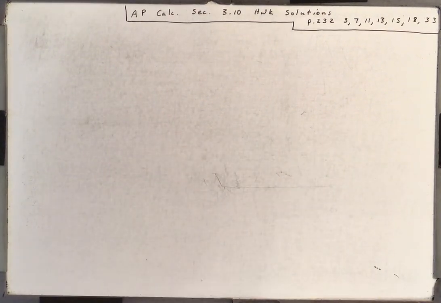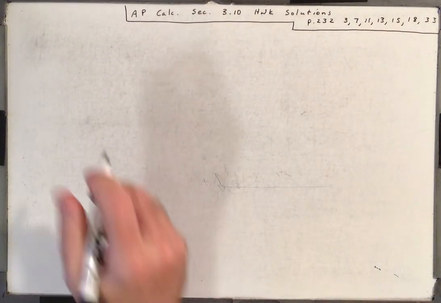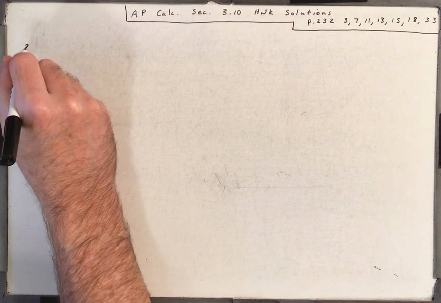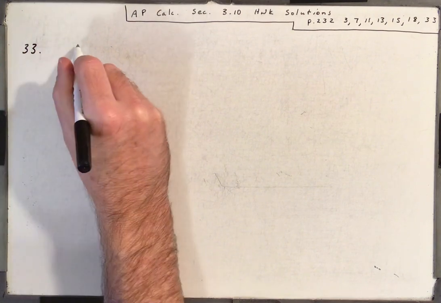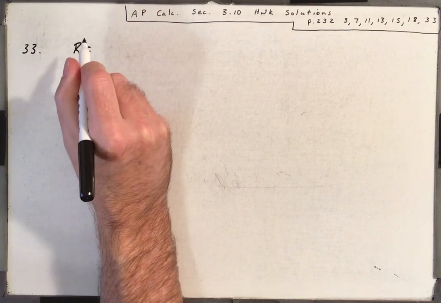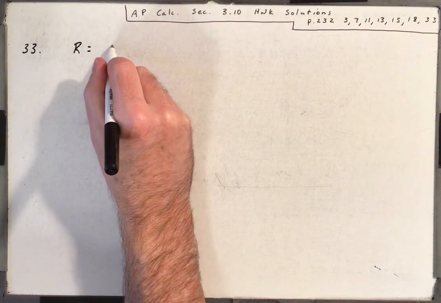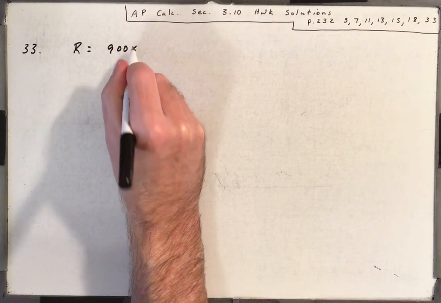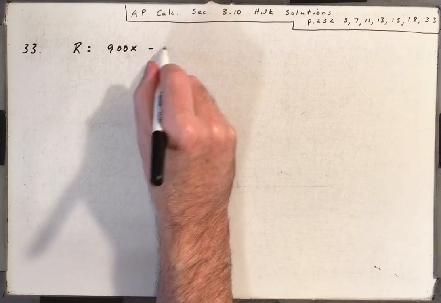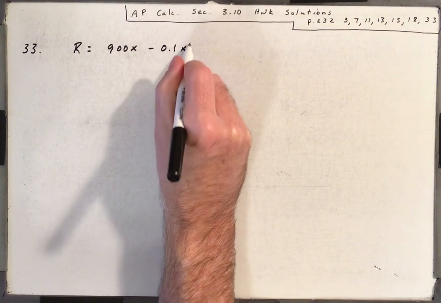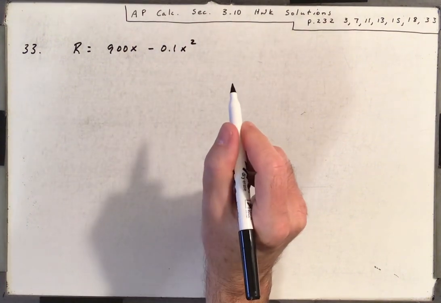And this number harkens back to 3.9a, number 33, excuse me. We have a revenue function that is 900x minus 0.1x squared.